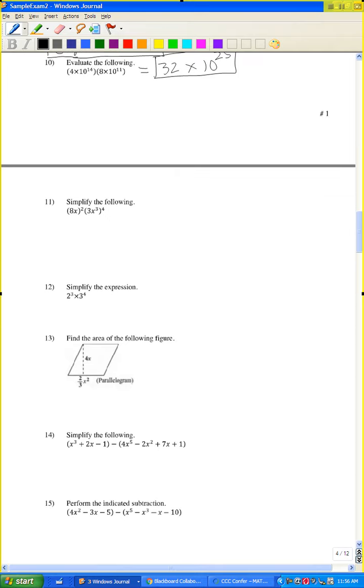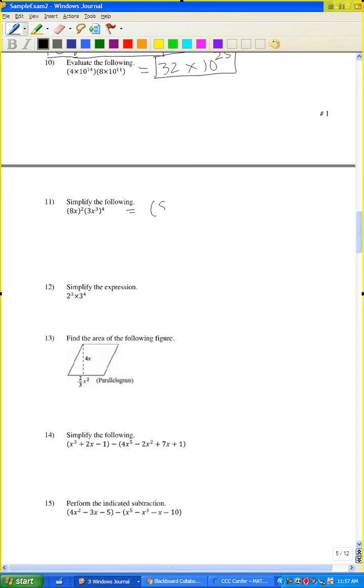Simplify. So this is equal to 8 times 8, 64. X squared is x squared. 3 to the 4th, 3, 9, 27, 81. X cubed to the 4th. Actually, let me put in an additional step.